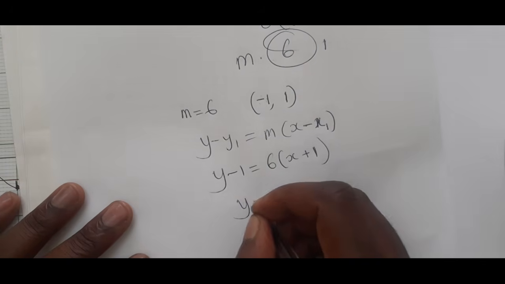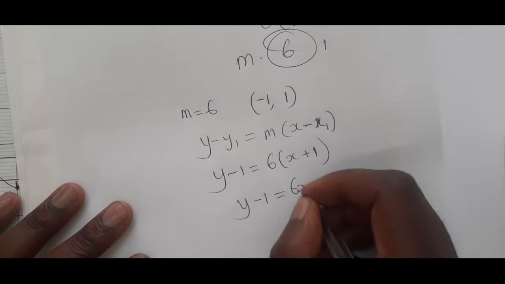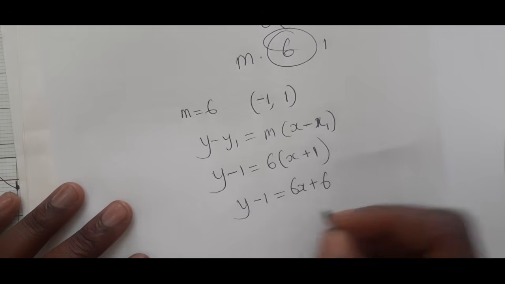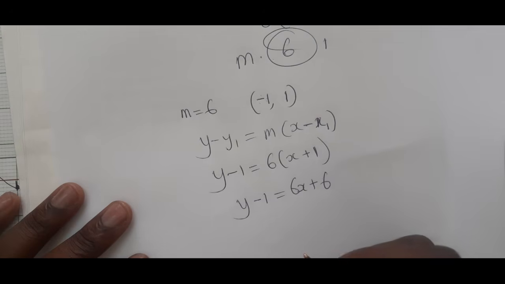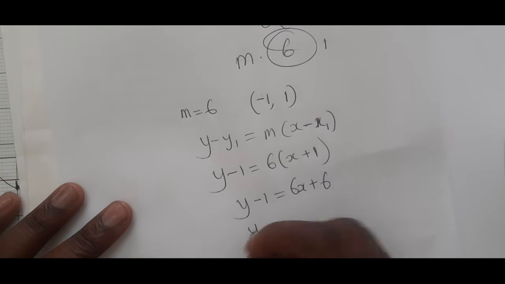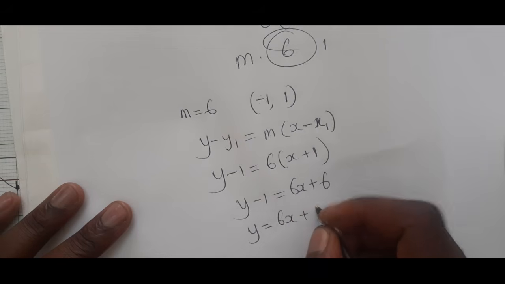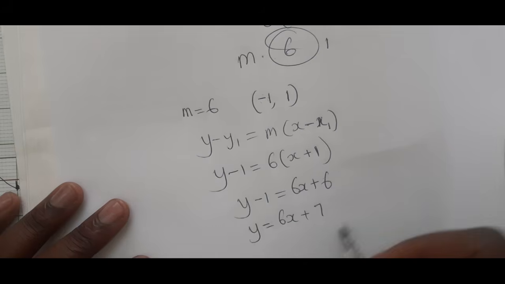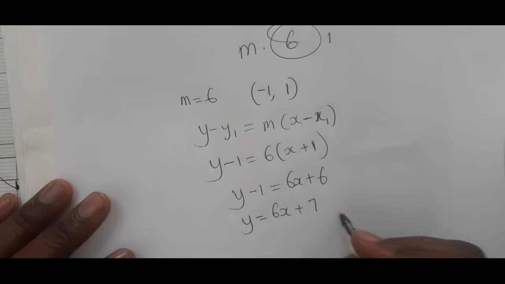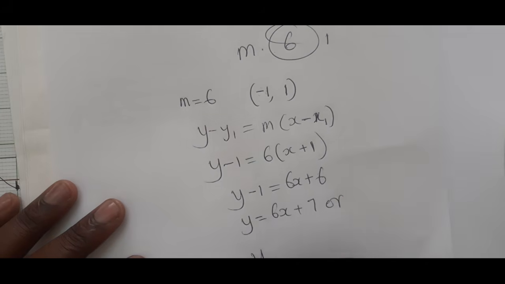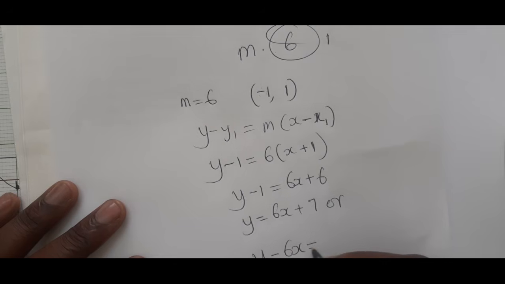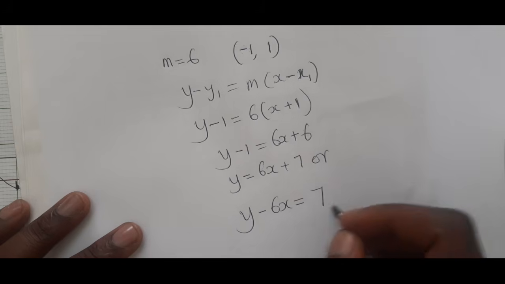Then we have y minus 1 equals 6x plus 6. So at this point, we can say y equals 6x plus 7, since when the 1 goes to this side it becomes plus. Or you can write this as y minus 6x equals 7.